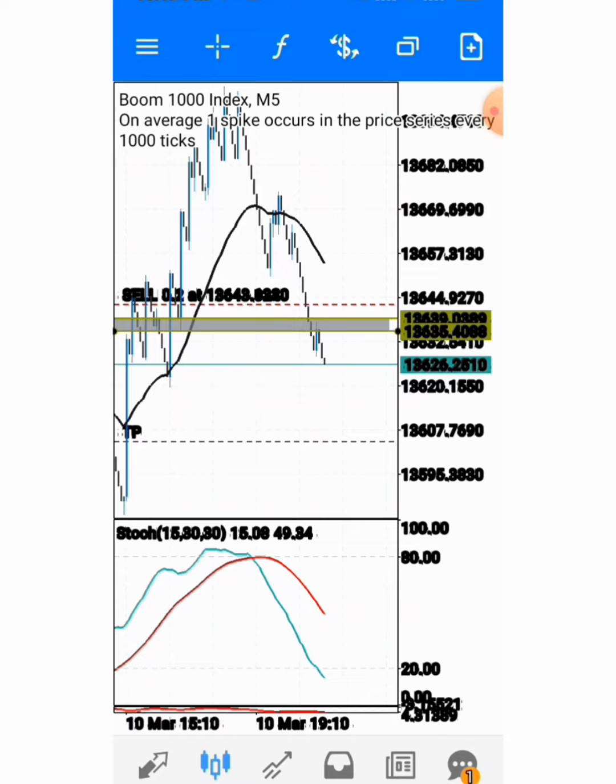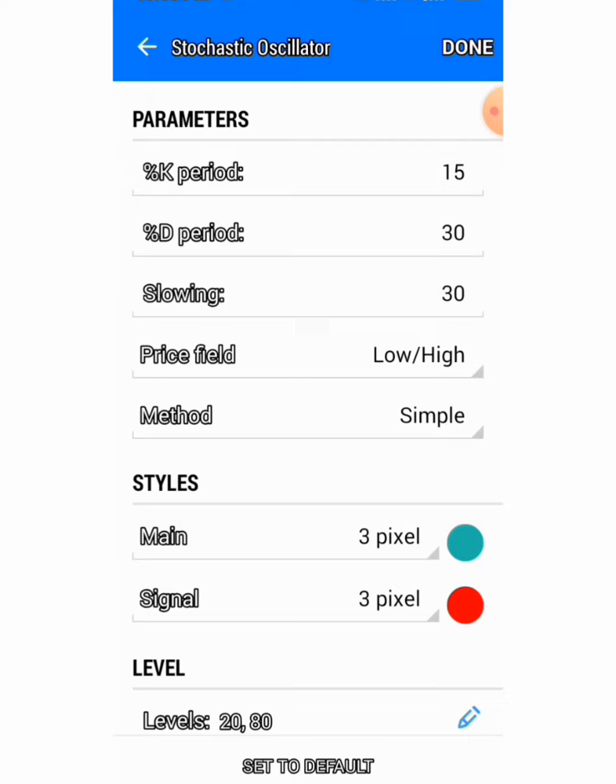The percent K period is 15, percent D period 30, slowing 30, price feed low high, method simple, 3 pixel for the main style, and signal style is red, 3 pixel also, and the levels are 20 and 80. So just click down. So how does this thing work?